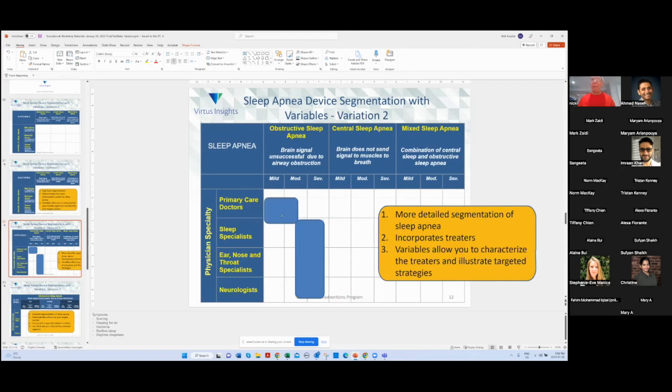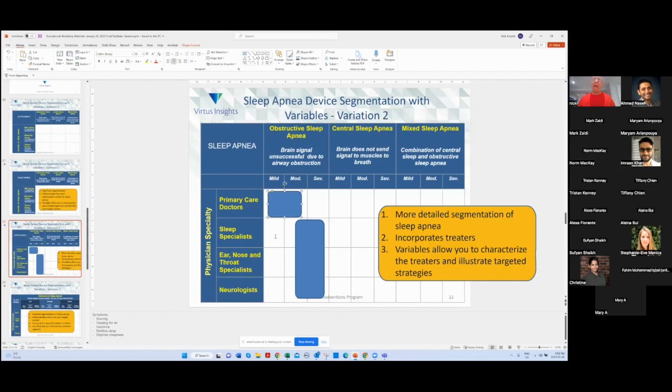These are the people that are prescribing these products for these patients. If, on the other hand, your intervention is better suited for moderate or severe obstructive sleep apnea, you're most likely to target your sleep specialist, ear, nose, and throat and neurology.